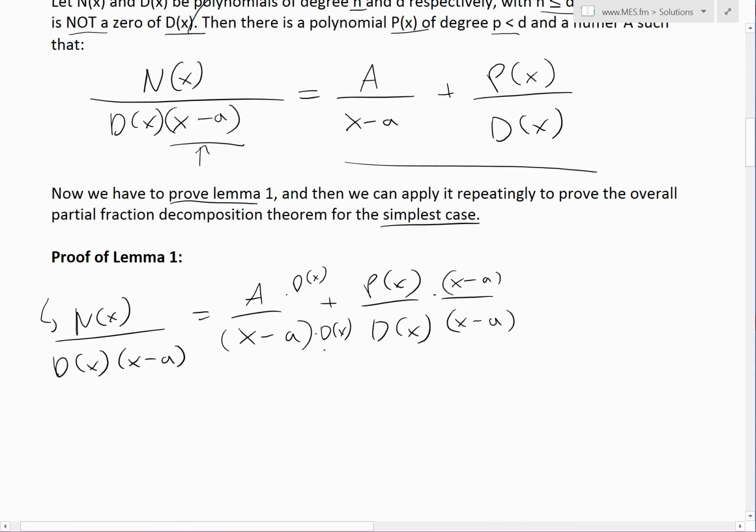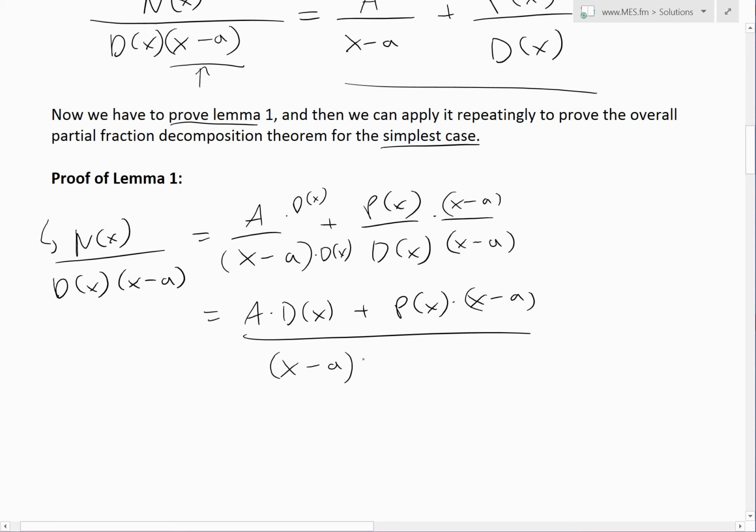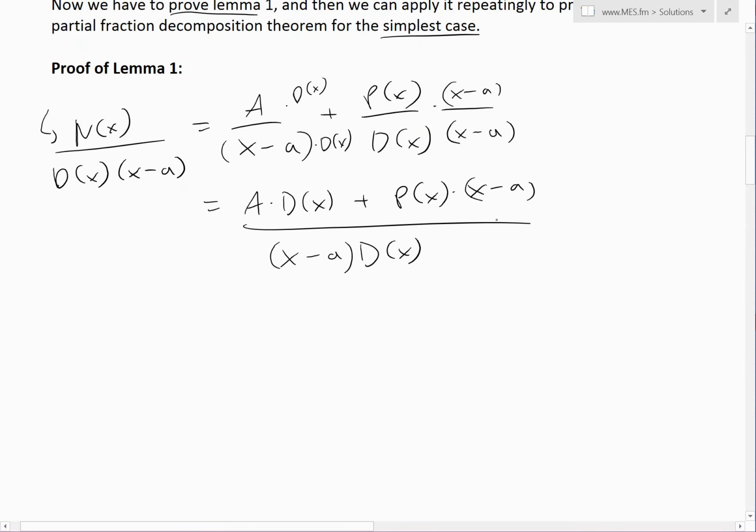So now our common denominator is going to be x minus a times d of x. When we do that, this becomes a times d of x plus p of x times x minus a, all divided by x minus a times d of x. As you can see, when we multiply this out, this equals, on the left side, n of x divided by d of x times x minus a.